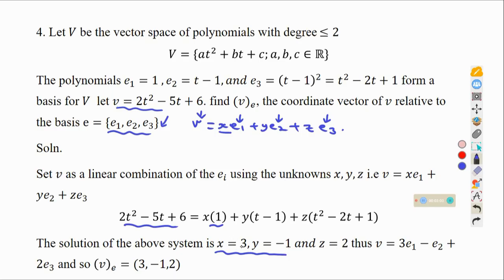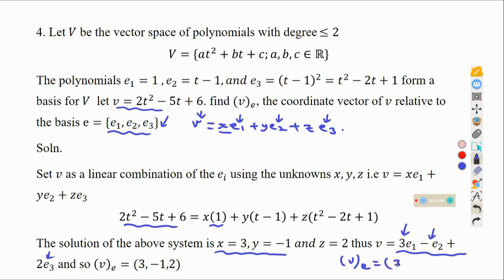After getting x as 3, y as -1, and z as 2, then you should be able to write your V now as a linear combination of E1, E2, and E3. So it means your V will be 3E1 minus E2 plus 2E3 using these values that you have obtained. But we are interested in the coordinate vector of V relative to our basis, which is E. And as we said, you take the scalars that are helping you to make the linear combination.